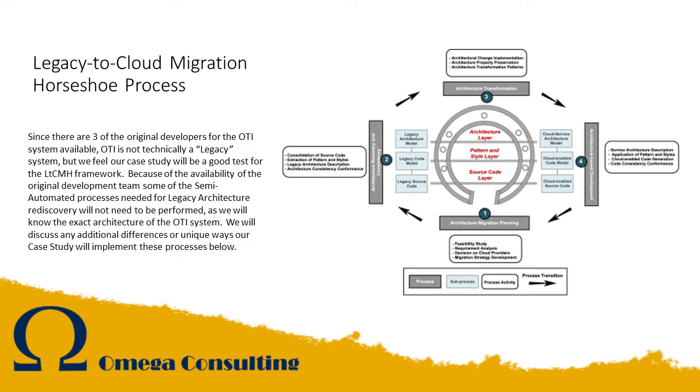We're starting from the bottom up, going from reverse engineering. We're going from legacy code and then identifying the actual architecture of the legacy code. In our case, we have three of the original developers, so this isn't technically legacy software yet, but it's still a migration from an older platform to a newer platform, so it should still be a good case study.